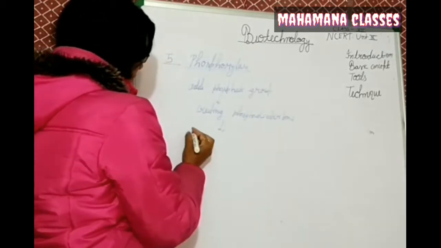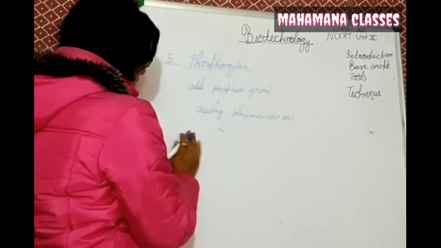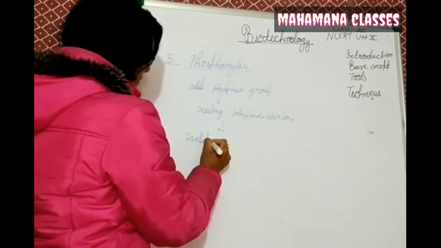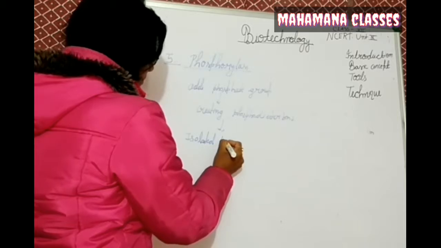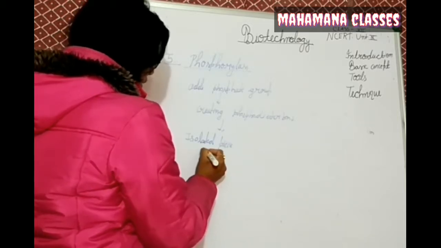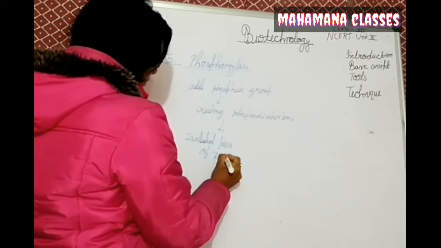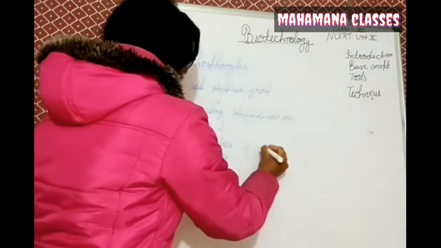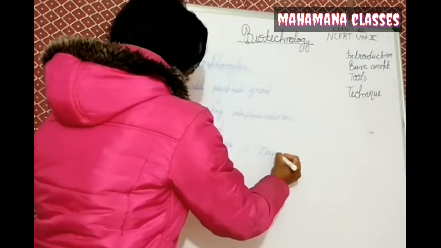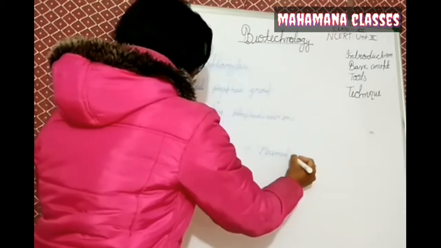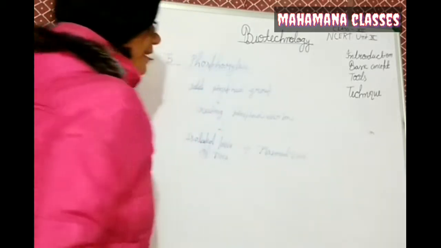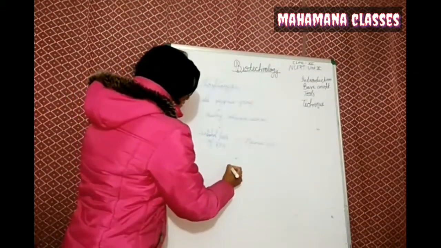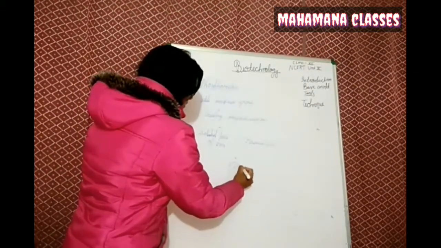so that the desired or isolated piece of DNA and plasmid DNA can be joined, and it will form recombinant DNA.